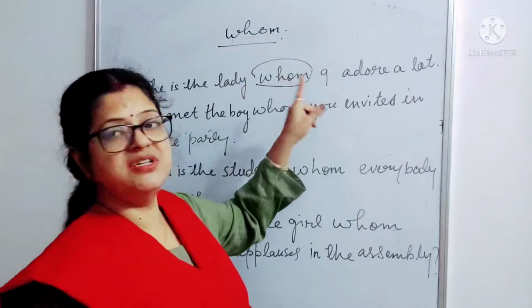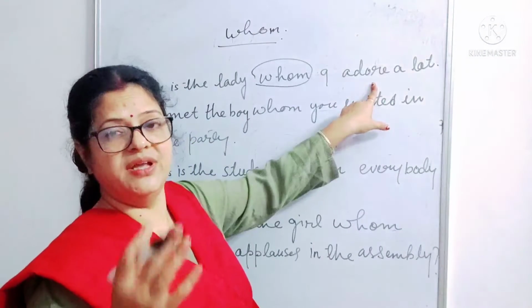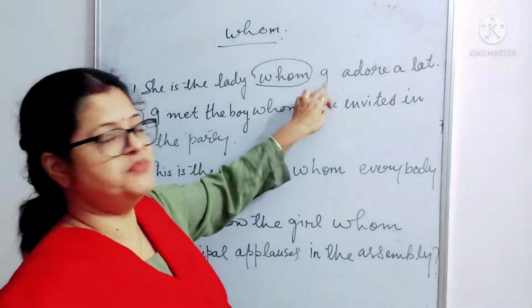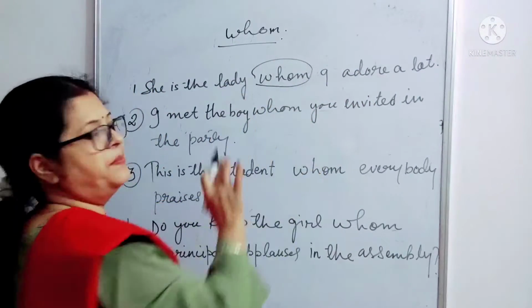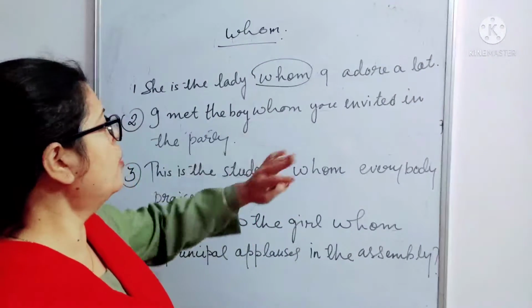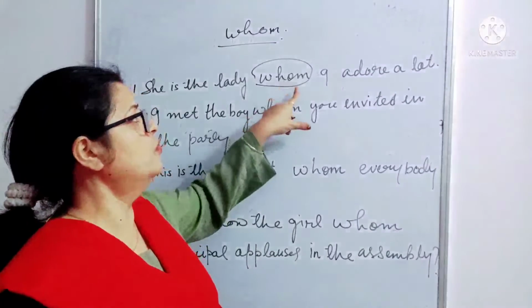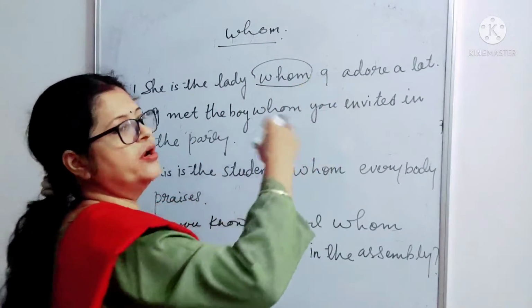But actually the subject is I. I adore whom? The lady. So here we see I is the subject, adore is the verb, but whom has come in the place of an object. This lady is replaced by this pronoun whom. Okay. So she is the lady whom I adore a lot.